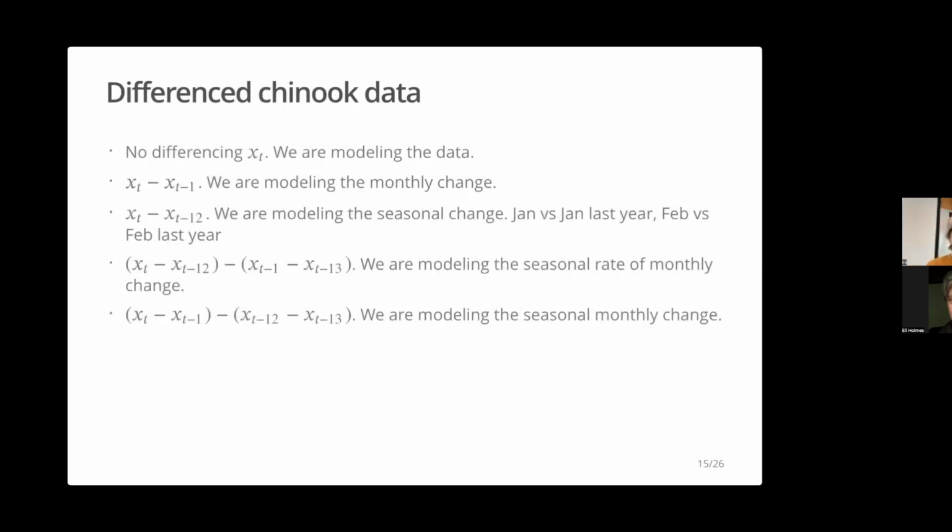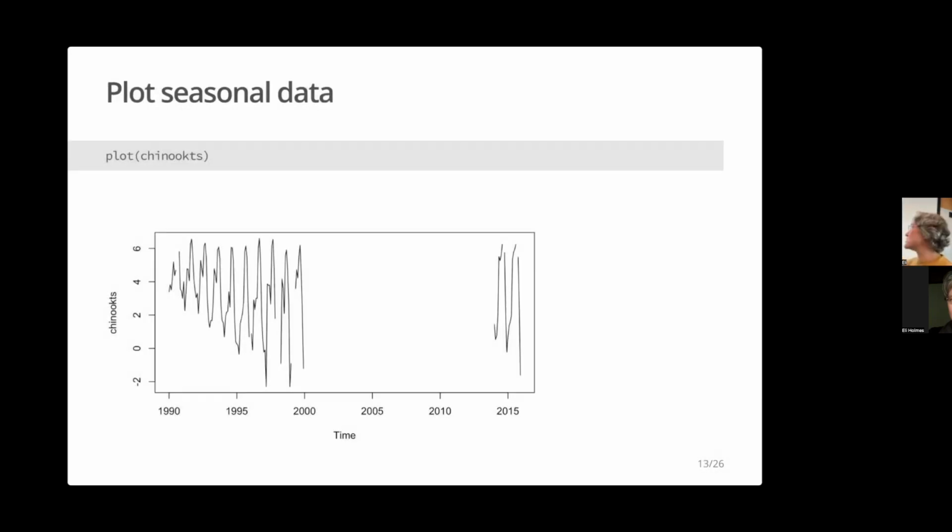So you're going to be doing kind of things like this. First off, you're going to be differencing to get rid of this seasonal cycle, because we need to get the stationarity. We need to have stationary data, and we need it to not be cycling like this.